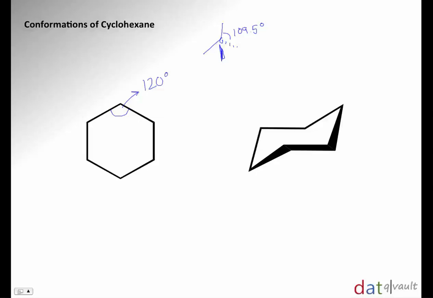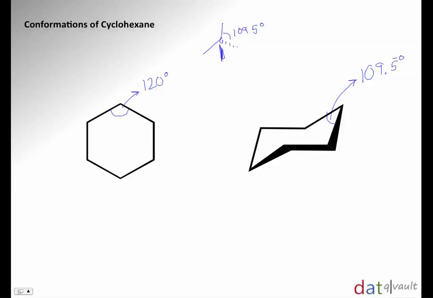Once you bend a cyclohexane ring into this form by lifting up one of the carbons and lowering another carbon to get this structure, you relieve a lot of what's called ring strain or angle strain in the molecule, going from 120 degrees down to 109.5 degrees, which is what a tetrahedral center prefers.